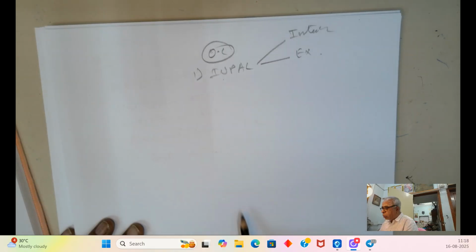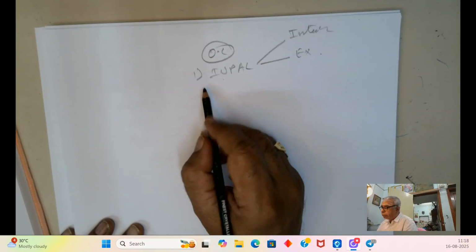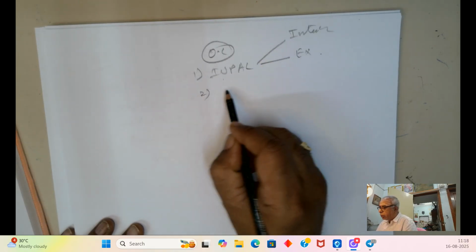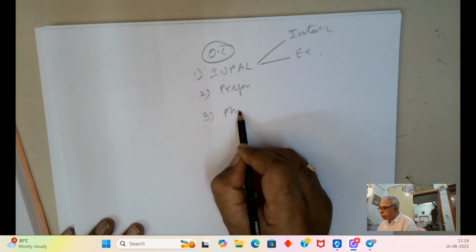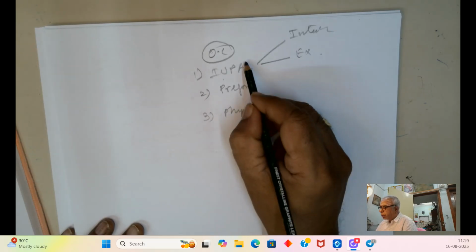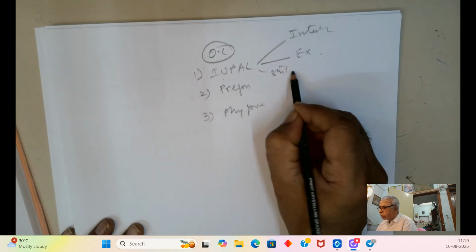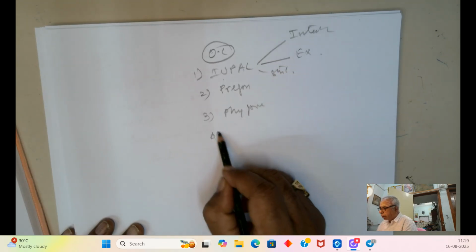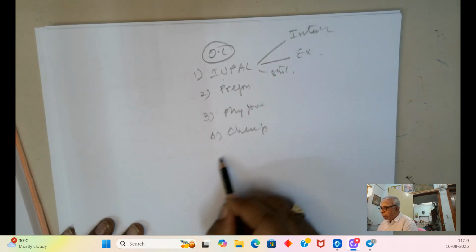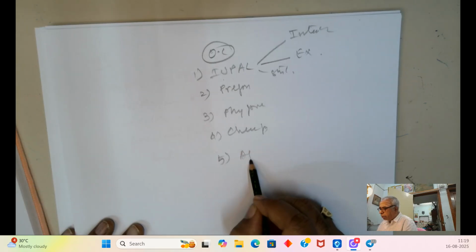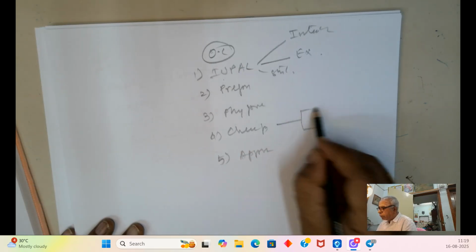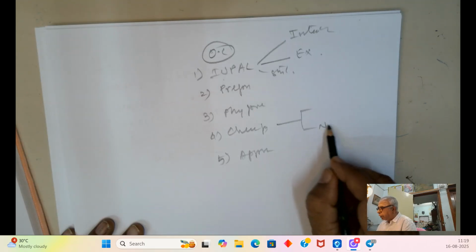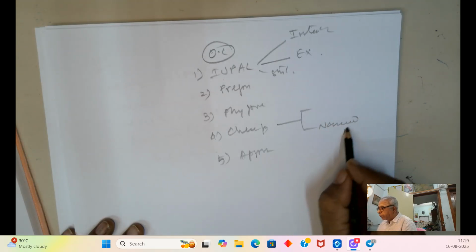Don't prepare notes for everything. For example, you get IUPAC nomenclature, followed by preparation, sometimes the preparation along with the structure, then physical properties, then chemical properties, and application, the uses. In chemical properties, sometimes there will be more weightage to the named reactions particularly.